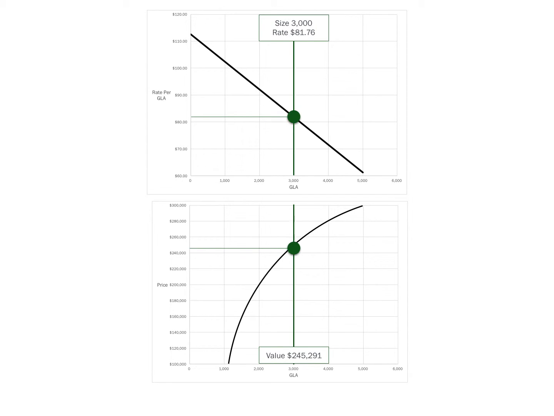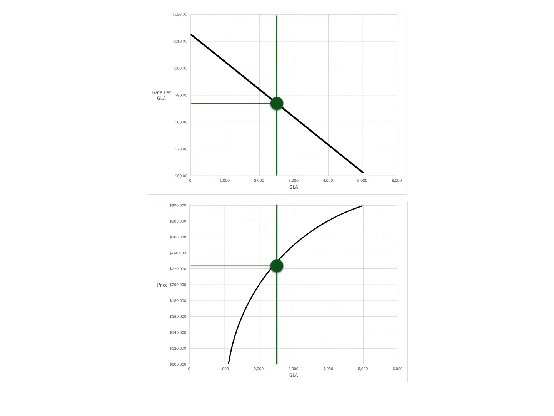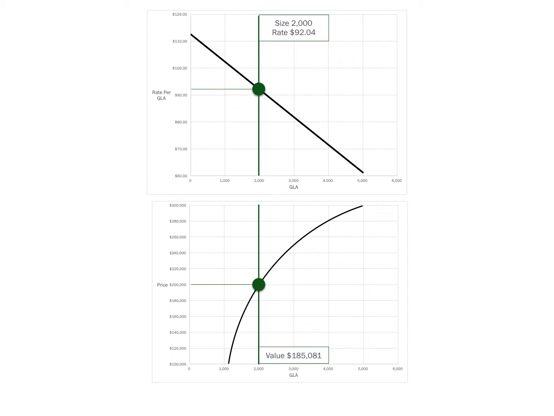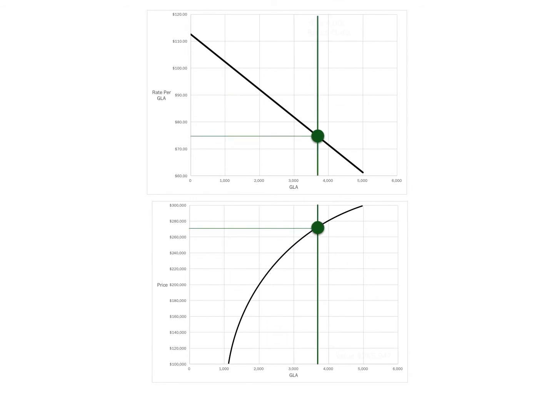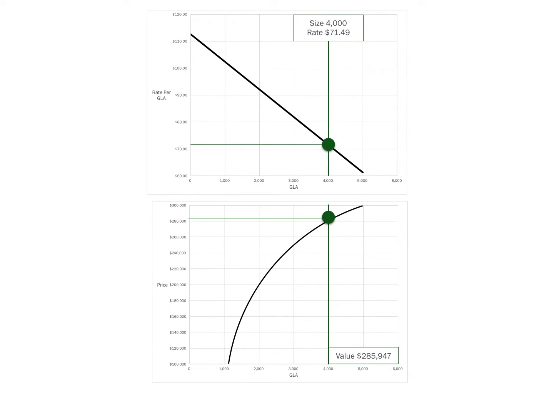Now, if we're using our desktop, we can just grab our mouse and point at that dot, or if we're using our smartphone, we just use our finger and we just move up and down that line, and we can move that. And notice we move up and down our line, either the price line or the rate per GLA line.